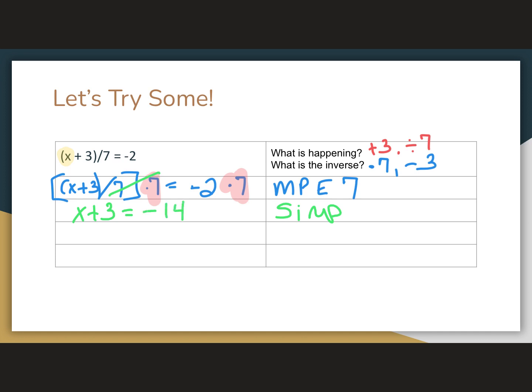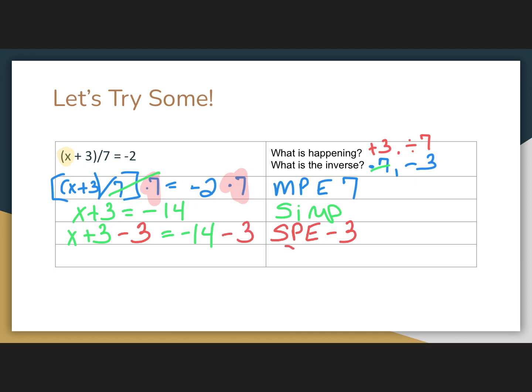So the next thing I'm going to do, I've done the multiply by 7, is I need to subtract 3. So I'm going to use my subtraction property of equality. I'm going to subtract 3 from both sides. So I have x plus 3 minus 3 equals negative 14 minus 3.